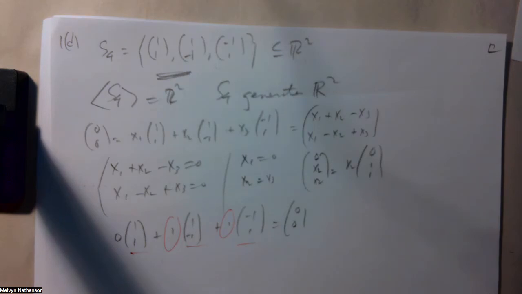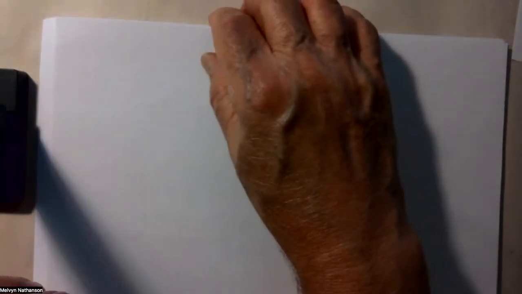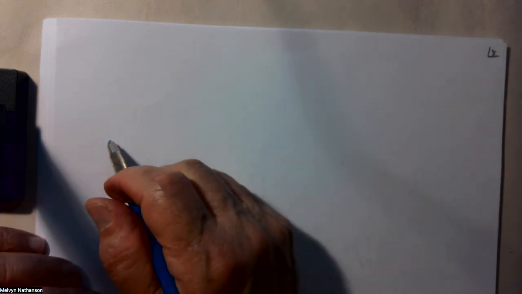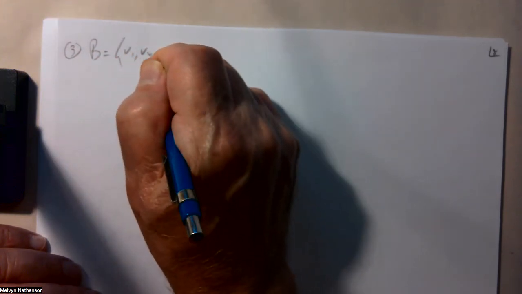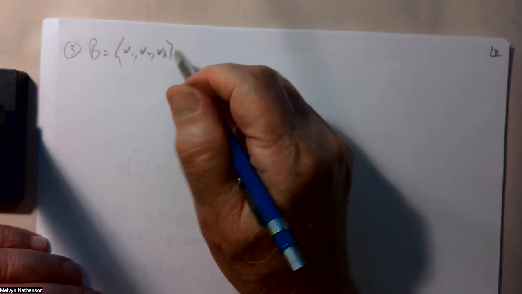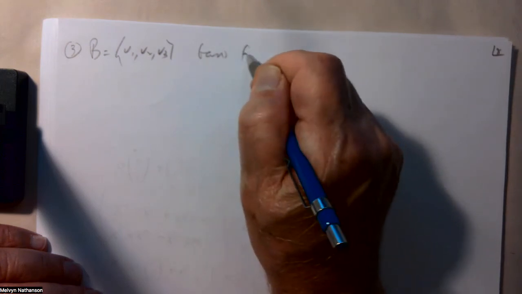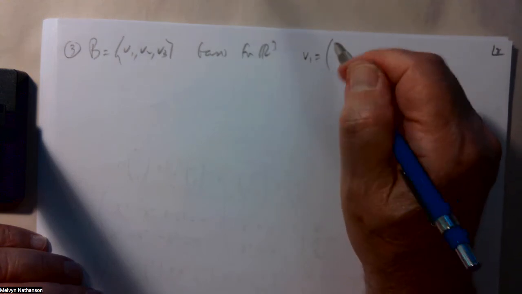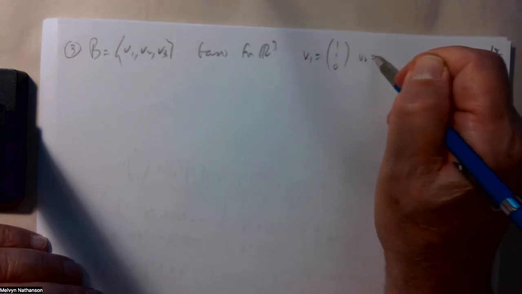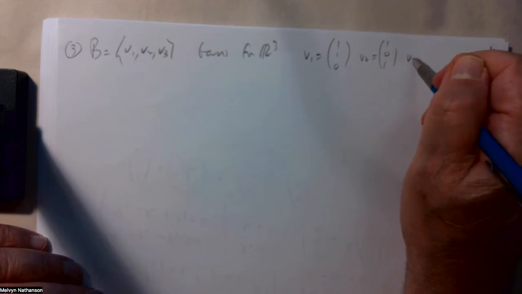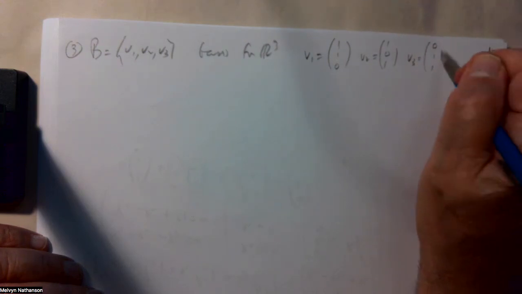Let's go to problem 3 in section 1.2. So we take a B, which is a basis, we're told, for R3, where B1 is the vector (1, 1, 0), B2 is the vector (1, 0, 1), B3 is the vector (0, 1, 1).